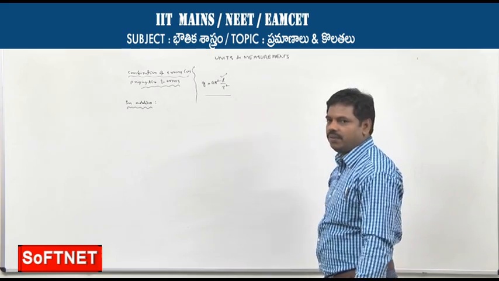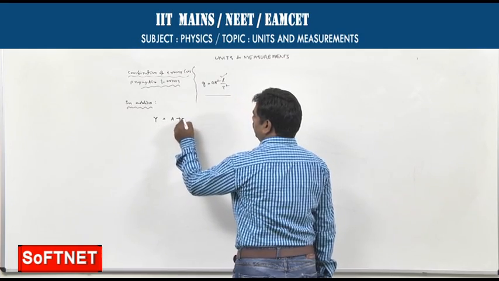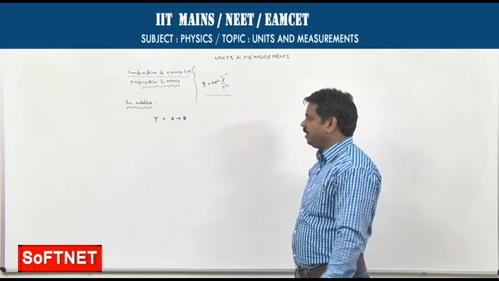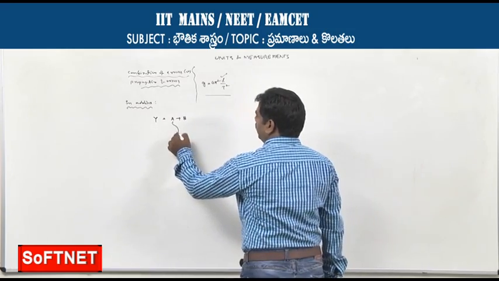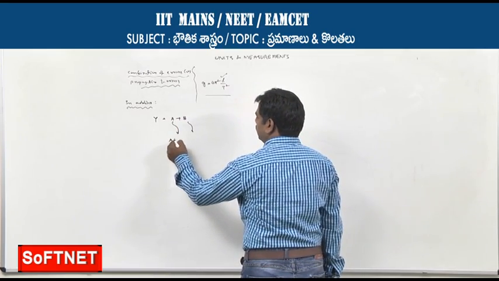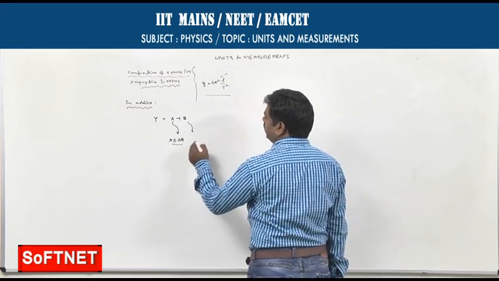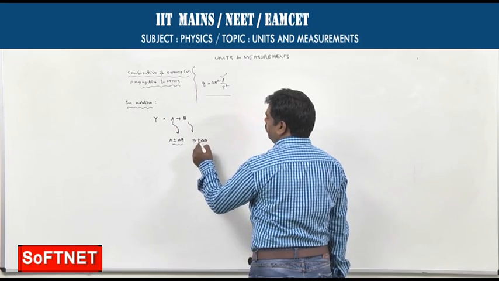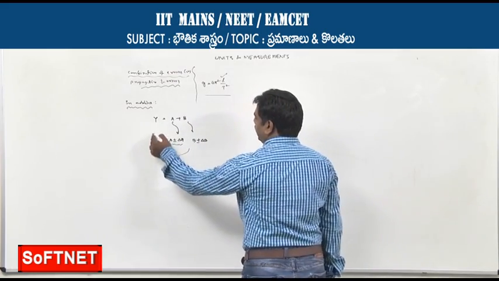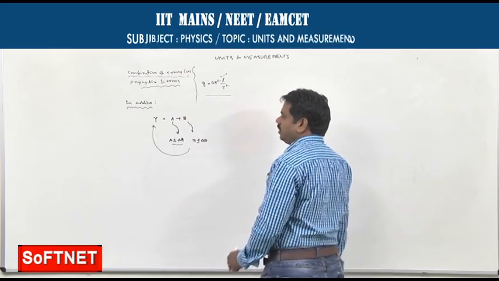In the addition process, how will it be propagated? For example, we measure a physical quantity Y by measuring two other physical quantities A and B, with the addition of these two giving the physical quantity Y. Now, to find the Y value, first of all we have to measure A and then B. In measuring A, the absolute error present is delta A, and in measuring B, plus or minus delta B. Then whenever these two values are measured and we get the Y value, in the measurement of Y also some error will be present.